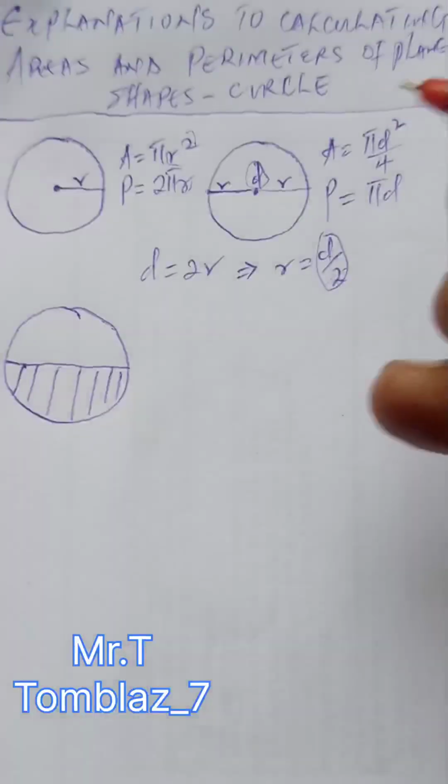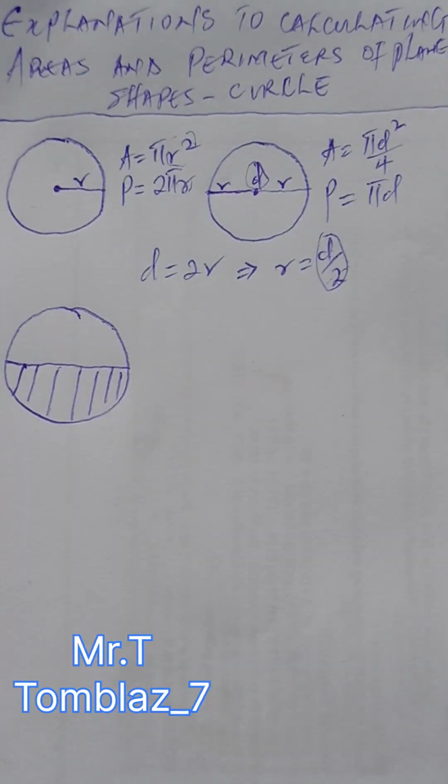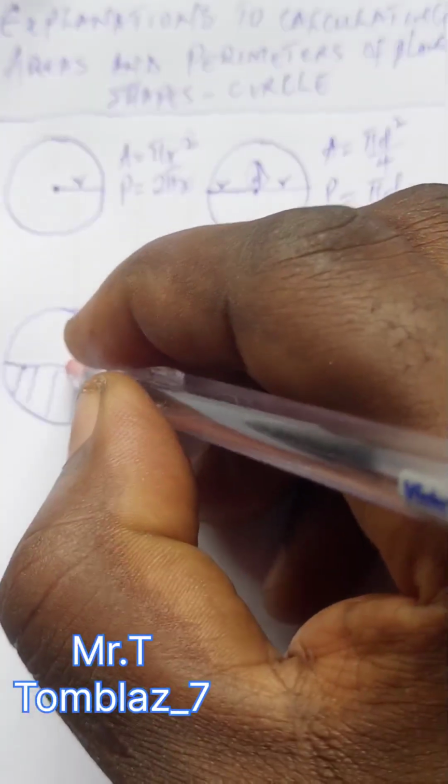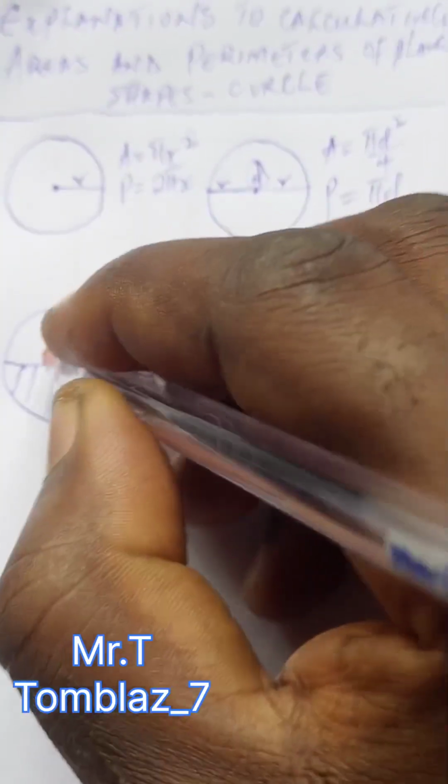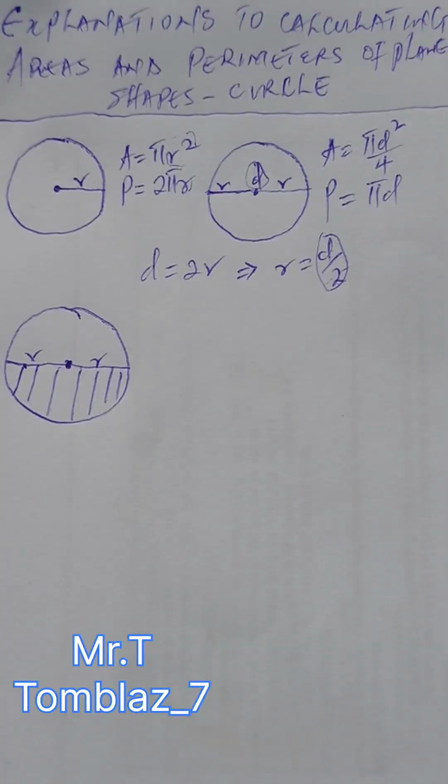If this is the case, we can also look for the area, but let's not forget that since this is the diameter, we have 2 radii, right?